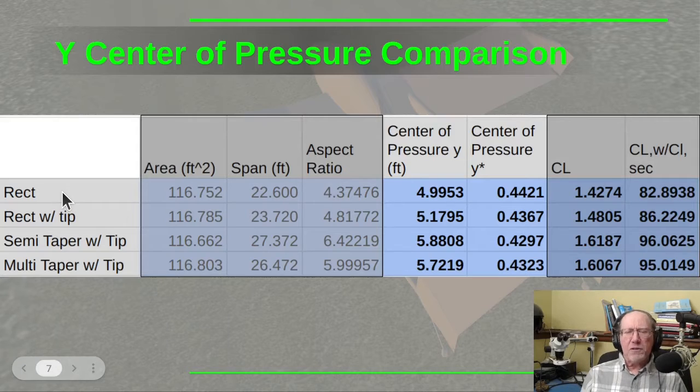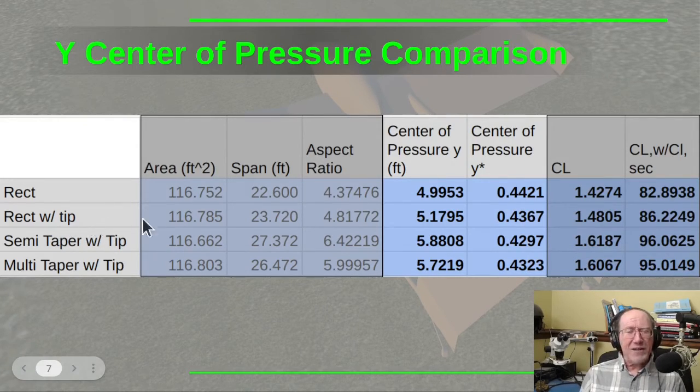On this rectangular wing, this number is pretty close to right. It's darn close to being spot on. And there are other places you can check online for a rectangular wing to see where that center of pressure is. 0.44 is fairly commonly used. But the equation I used to do this rectangular one, I copied and pasted on these other three, unfortunately, which means I left off the tip on these three.